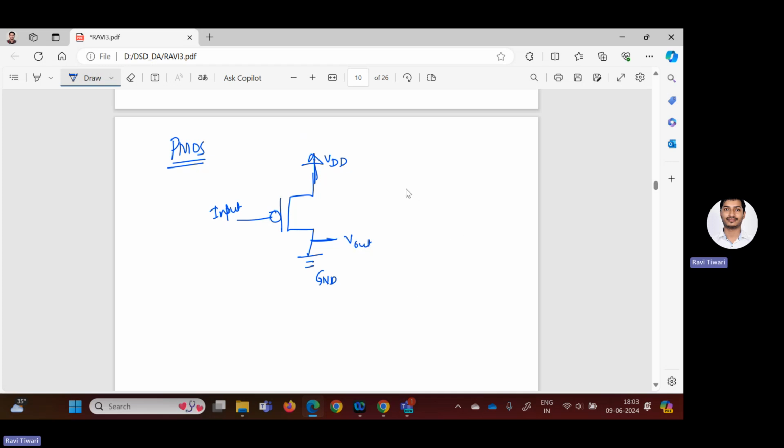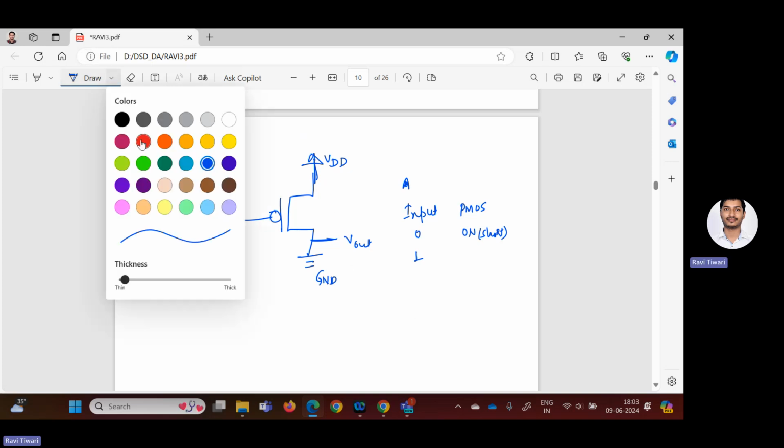Now, as I told you, this is the input and this is the condition of PMOS, 0, 1. PMOS is on. If it is on, I can say it's short circuited. I'm just using a different color to tell you in a different way.